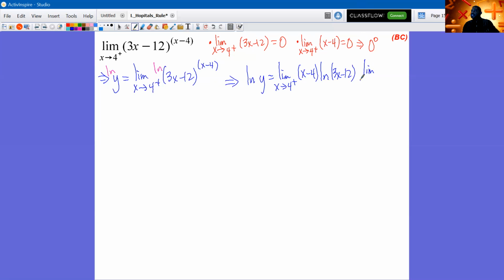All right, so we take limits again. This time we got the ln term, so that's going to affect the indeterminate form. This is 0. I'm sorry, that's not 0, that's going to be negative infinity.